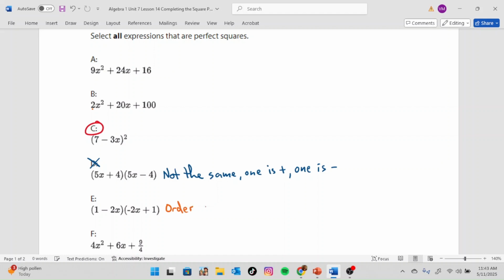So, order doesn't matter as long as the signs are the same. And in this one, they are the same, so E is a perfect square.